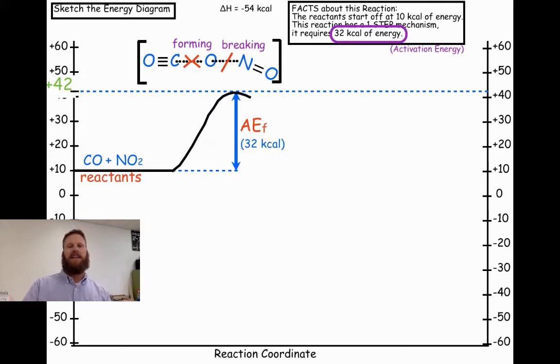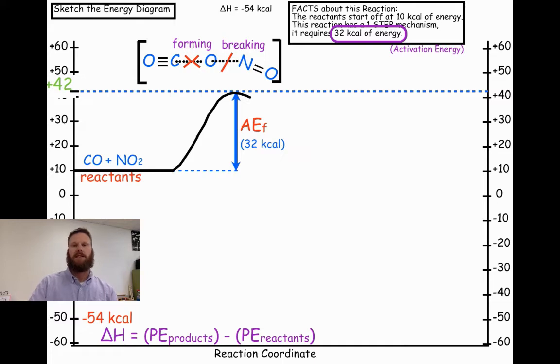How can we find the energy of the products? We have to use this equation for enthalpy. Delta H for the overall reaction is negative 54 kcals, and we know the energy of the reactants is 10 kcals. So we can solve for the energy of the products. Negative 54 kcals plus 10 kcals is negative 44 kcals.